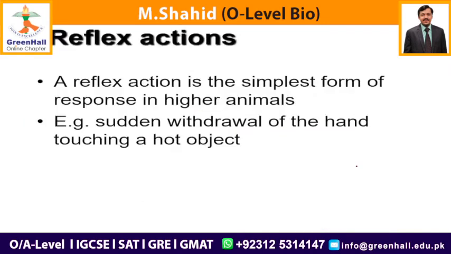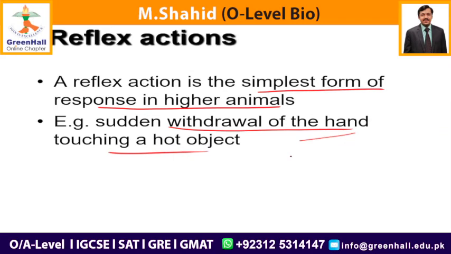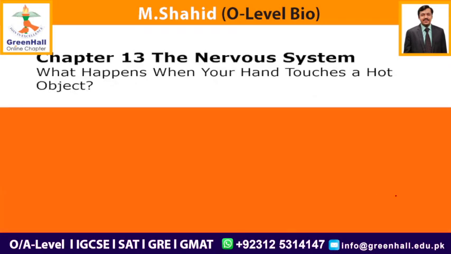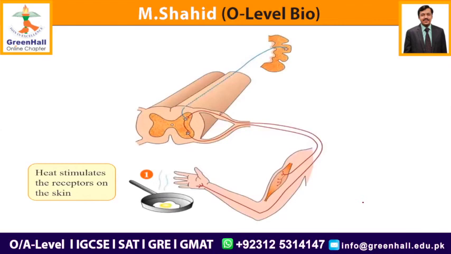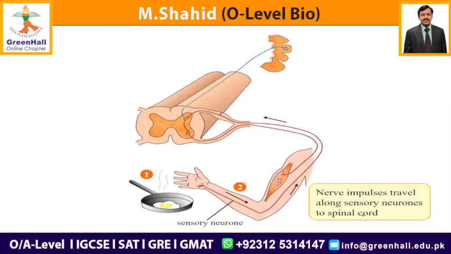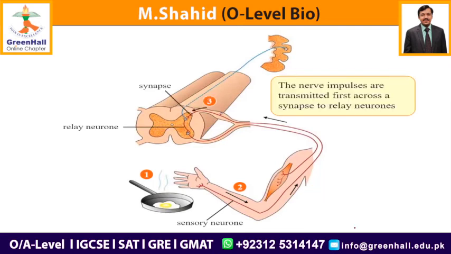So reflex action is a simplistic form of a response in higher animals. Sudden withdrawal of hand on touching a hot object. So how does it work? One by one, follow all the steps. Step one, the stimulus stimulates the receptors of the skin. Nerve impulse is sent to the spinal cord through the sensory neuron, through the dorsal root into the spinal cord.